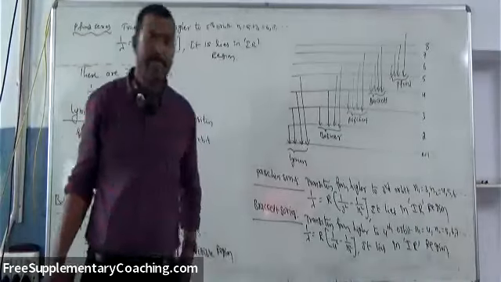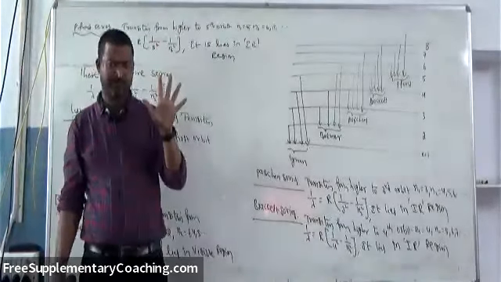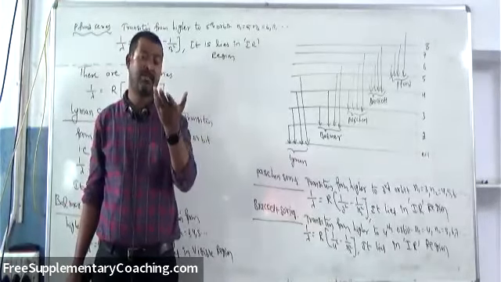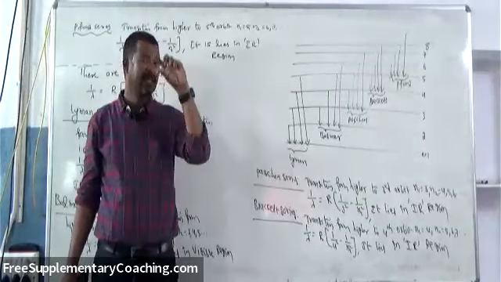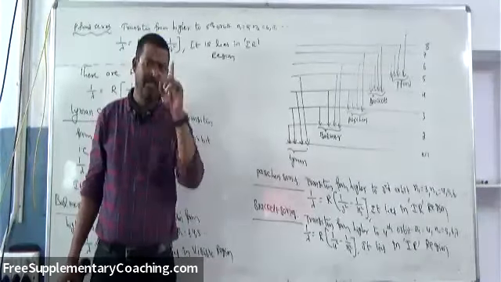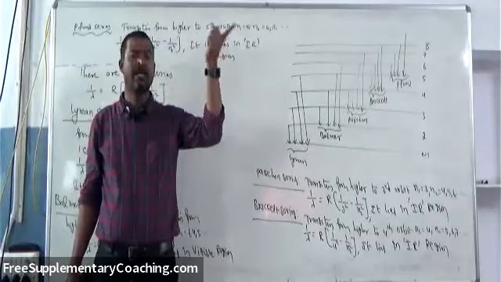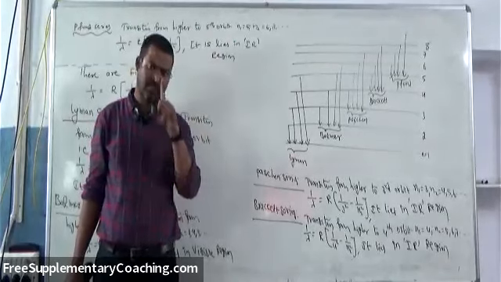You need to know how to express this answer. We have 5 series. How do they come? Generally, when an electron makes a transition from higher to lower, a series comes. Higher to first orbit means Lyman, UV region. Higher to second orbit means the next series, the Balmer series, visible region.